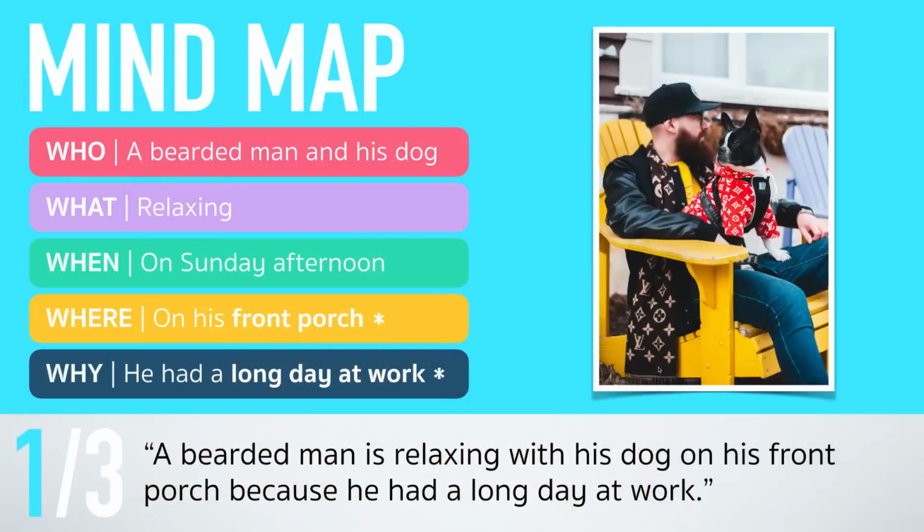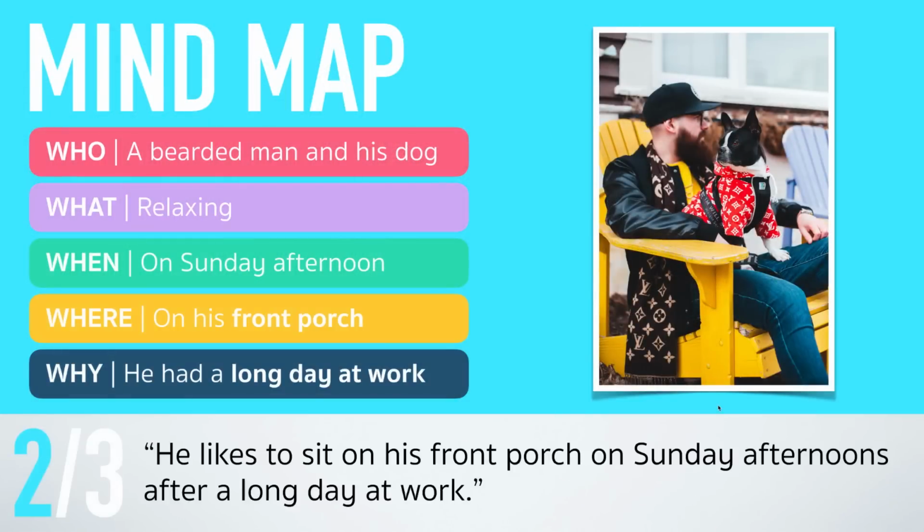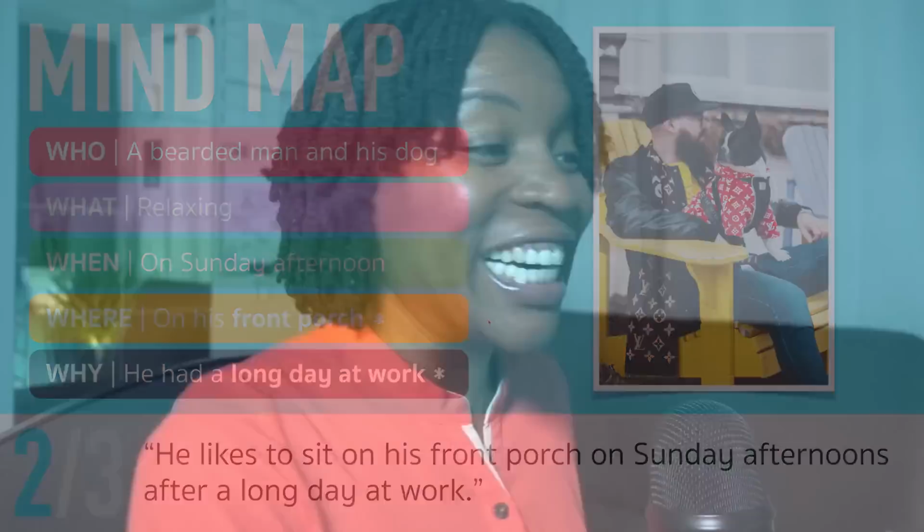But let's see some other examples, all right? Using our chunks of information we have right here. He likes to sit on his front porch on Sunday afternoons after a long day at work. Again, same pieces of information, same chunks that we organized and thought about in the first part. But now I'm creating a different sentence and able to speak in English very naturally. Now, what about the third example sentence?